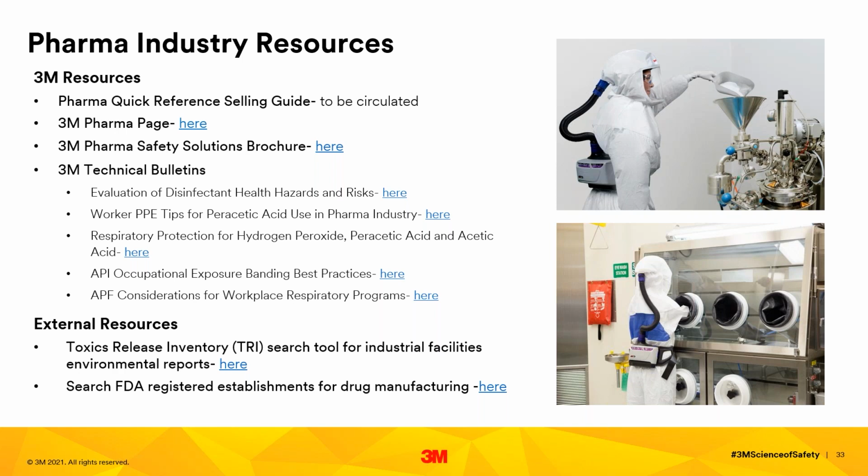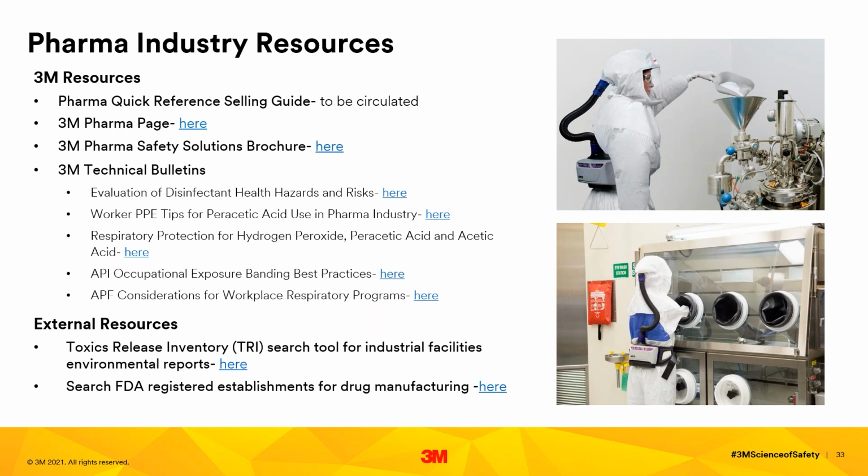Industrial facilities that have certain chemicals on site in certain amounts have to file a report, and that report becomes publicly available information. So it's a nice tool if you take your geographic area that you're responsible for and use that link. You can look up which facilities have which chemicals in large quantities in your geographic selling area.